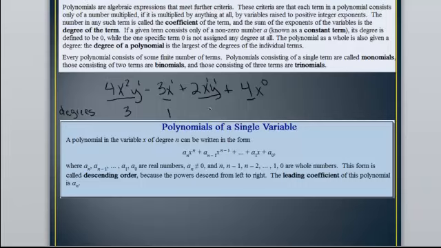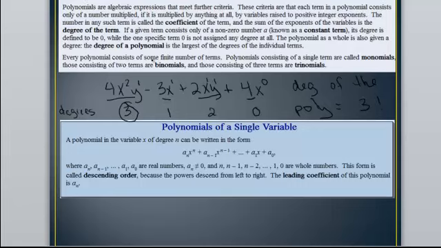The degree of the third term is 2. And the degree of the fourth term is 0. So the degree of this entire polynomial is the largest of those degrees. So the degree of the polynomial is actually 3.